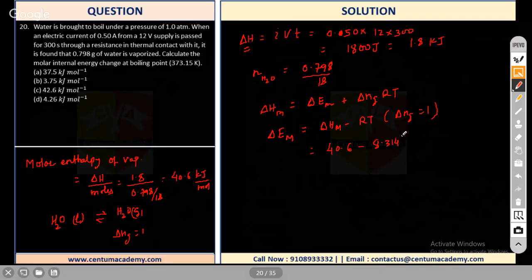It is joule, so 10 to the power minus 3 becomes kilojoule. And temperature is what? 373.15 Kelvin. So when you solve this, you'll get 37.5 kilojoule per mole. So the answer is option A.